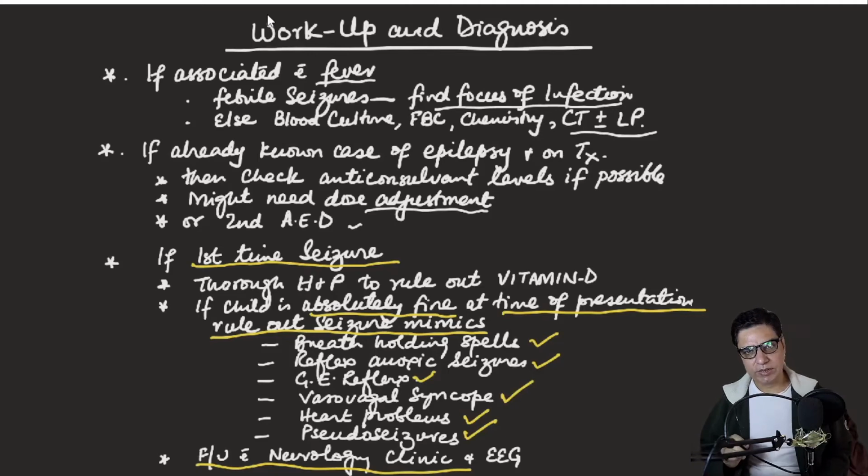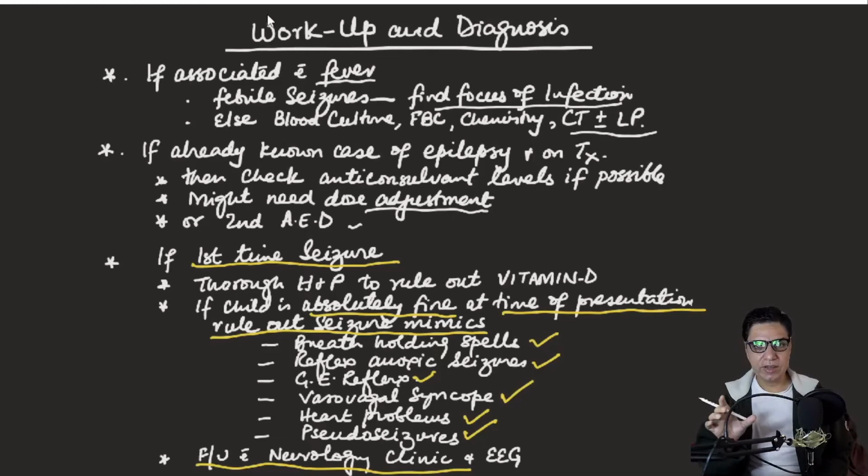Most of the anticonvulsant medications have to be adjusted according to their body weights, and the dose has to be increased if their weight is increasing. So it's important to look at the anticonvulsant levels, because if they are not having good compliance, then they can have breakthrough seizures. When you look at the levels, you might find that they are within the range that is considered normal.